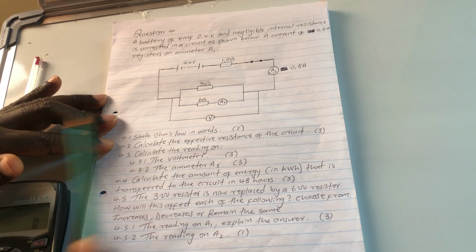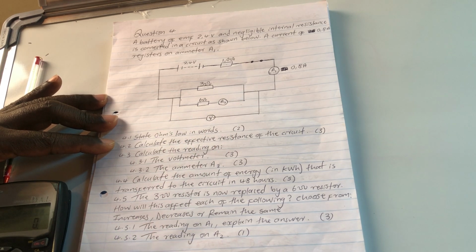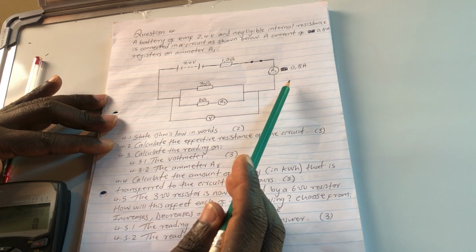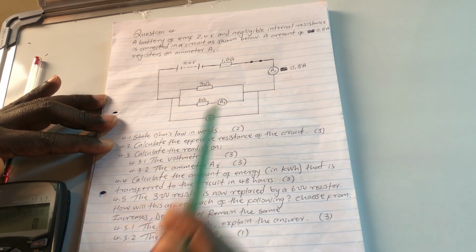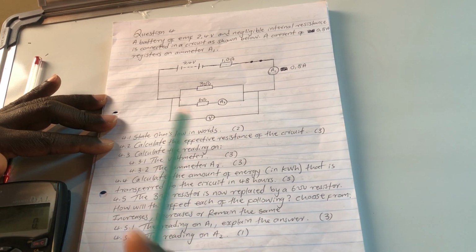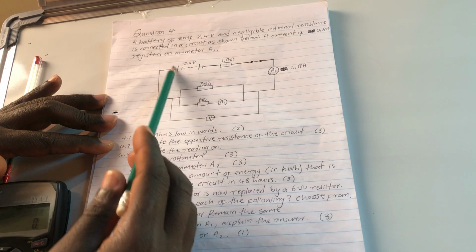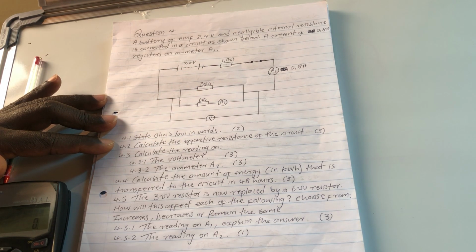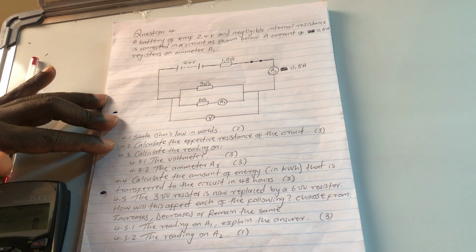Now we know something about how these resistors are connected. Another thing, we know that the total current of the circuit is 0,8 A, and we're also given the battery voltage. Then we can start answering the questions.